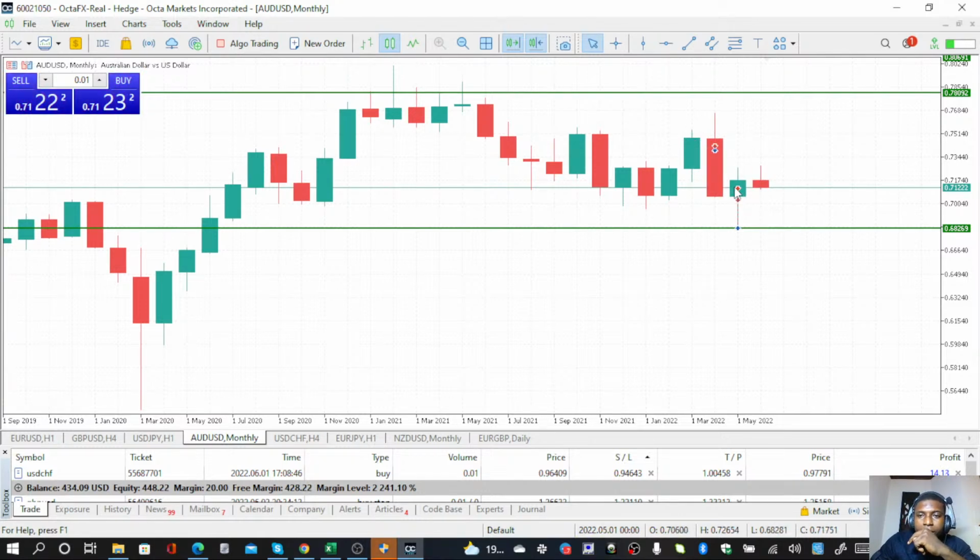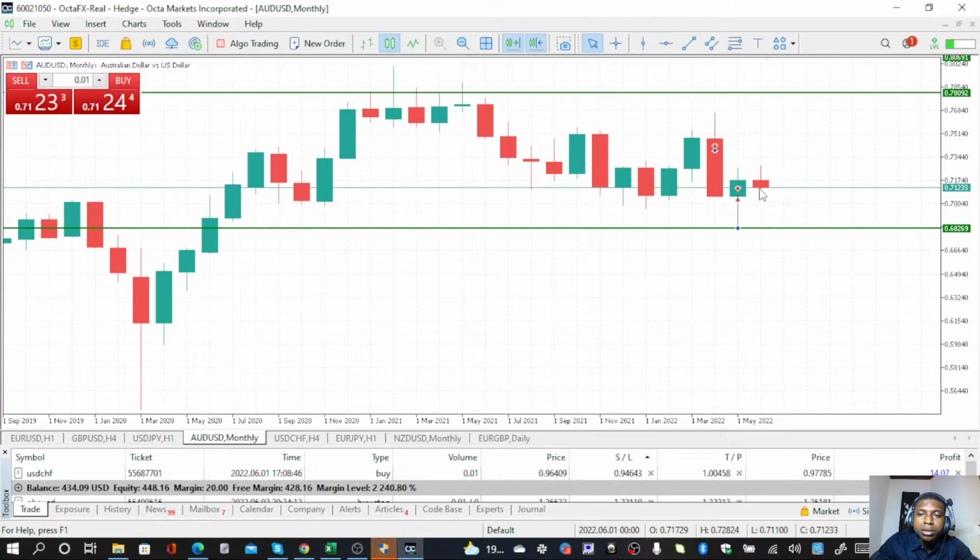We saw that last month closed not above the bear candle, not even more than half of it.